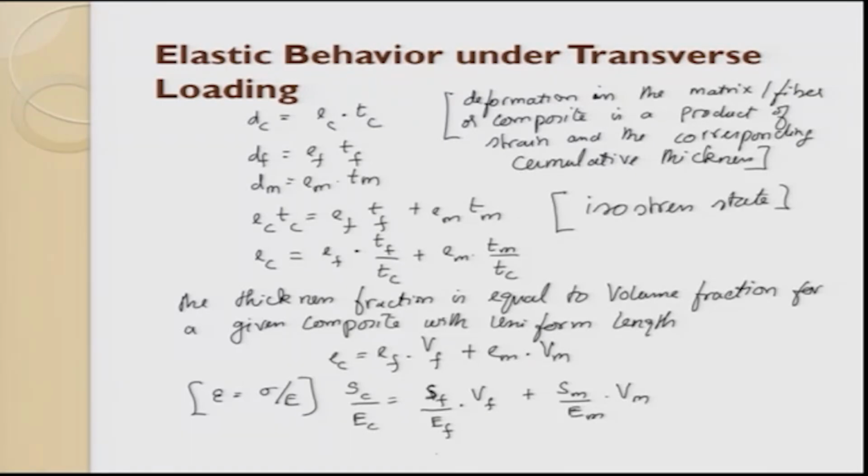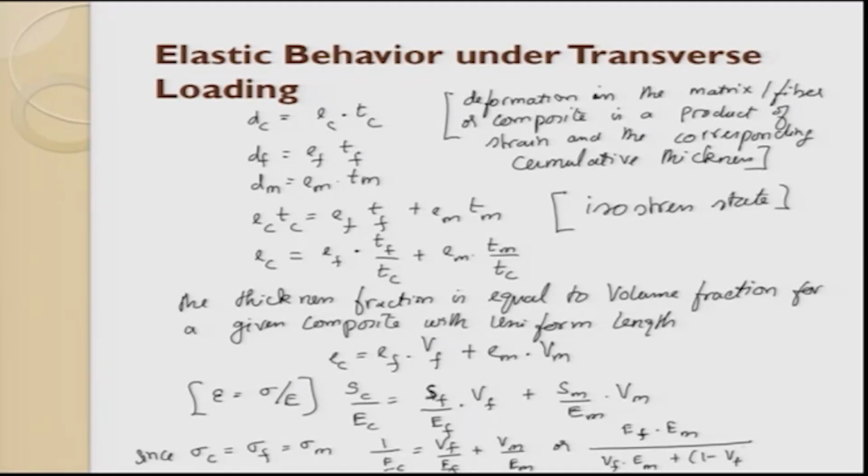So this can be written as, since sigma C is sigma F equal to sigma M, we can write it as 1 by EC is equal to VF by EF plus VM by EM, or we write it as EF into EM divided by VF into EM plus 1 minus volume fraction of EF into M. So what is this?